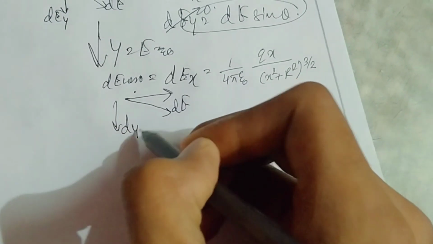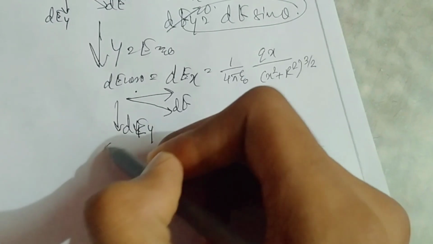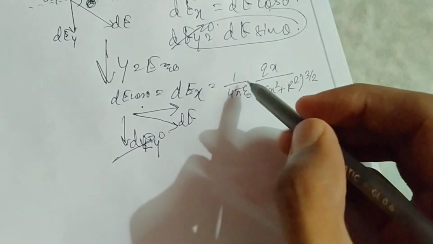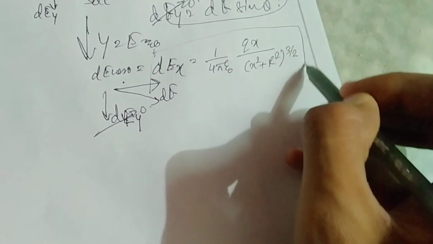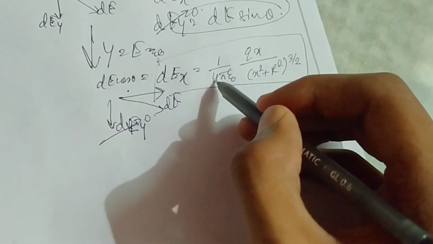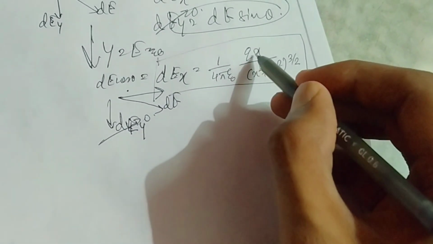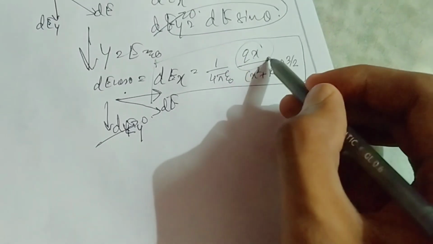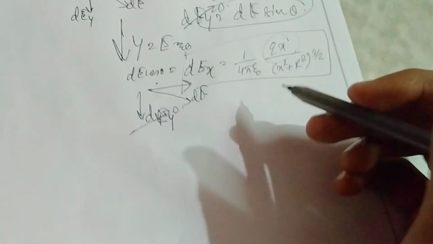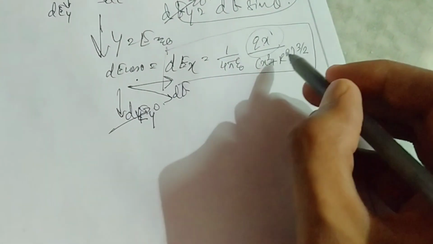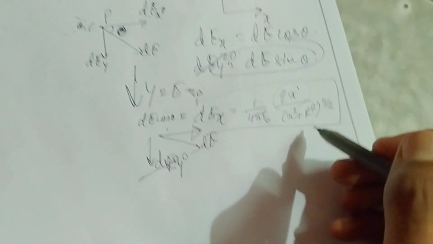So dEy is 0. The formula of dE is 1 by 4 pi epsilon naught, Qx, over (x square plus r square) to the power 3 by 2. We integrated and took out the formula; I'll be showing you how it came out.